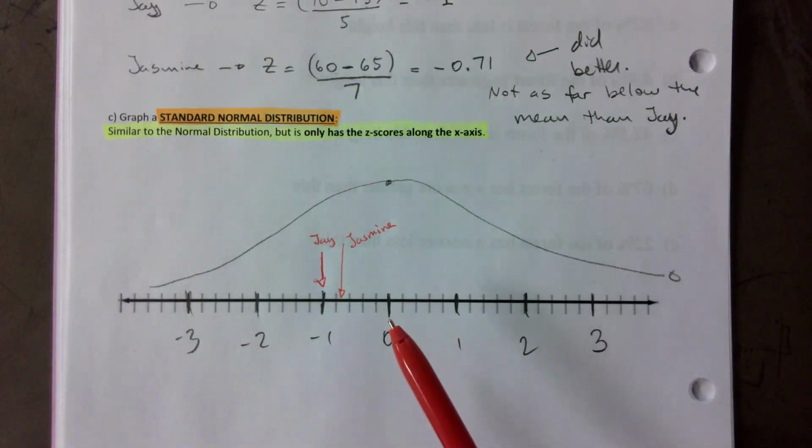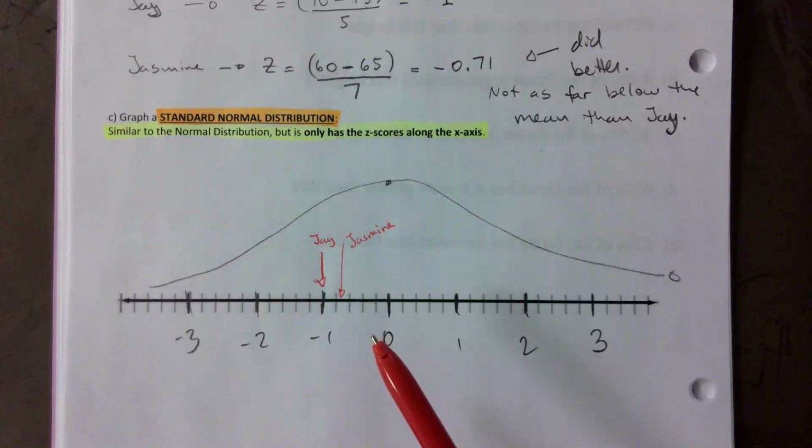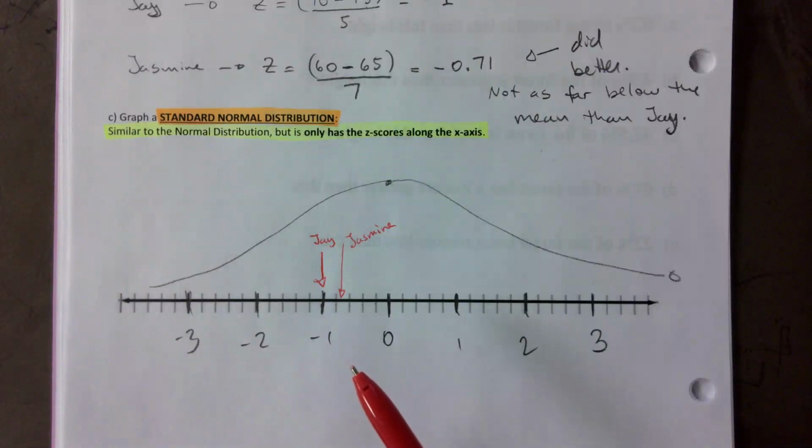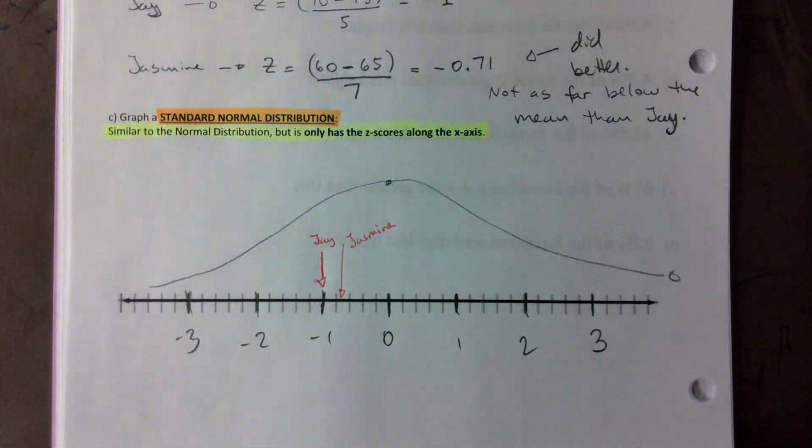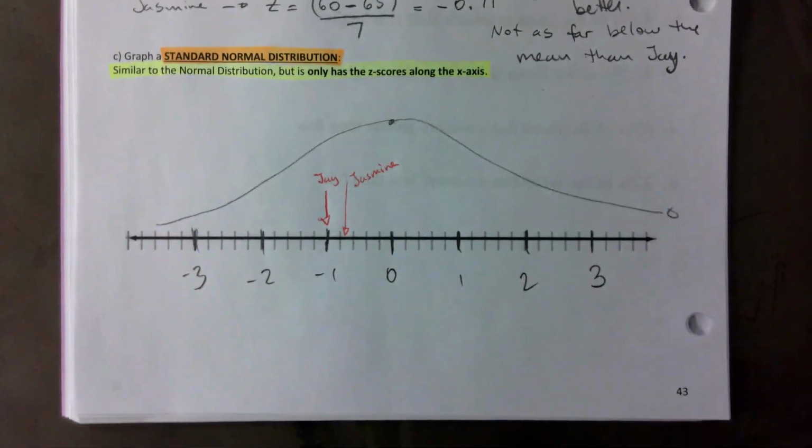I would say this, the greater your z-score, the better you've done. Okay? So if you compare a bunch of z-scores, the one that's the highest is going to win, when it comes to test scores.